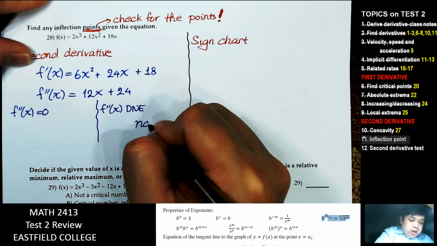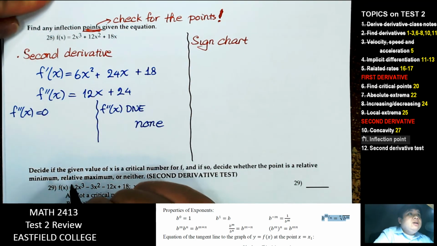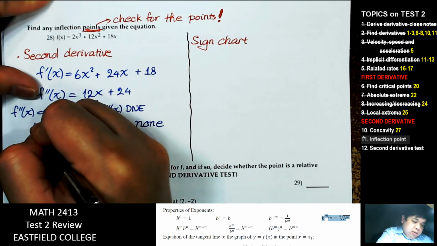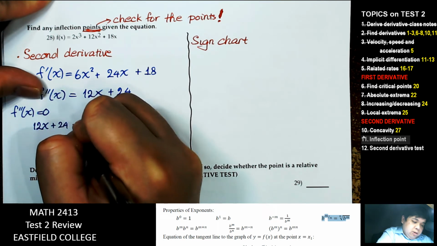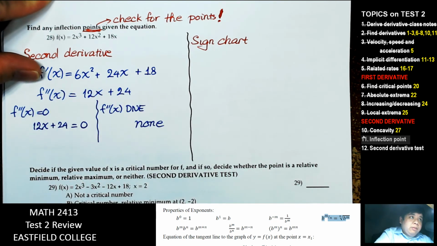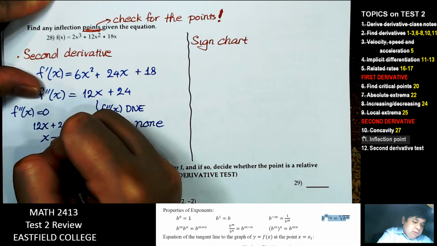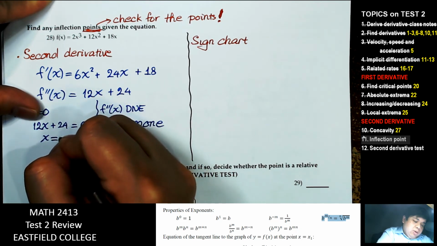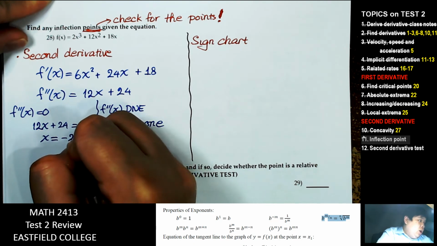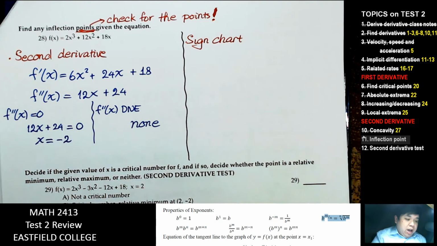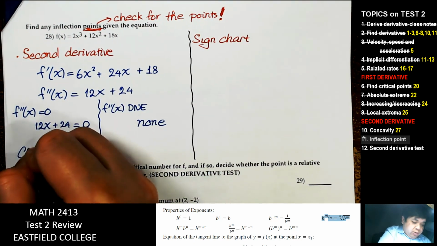Of course we have nothing here. So x equal to negative 24 divided by 12, which is negative 2. Now we do need to check for x equal to negative 2.